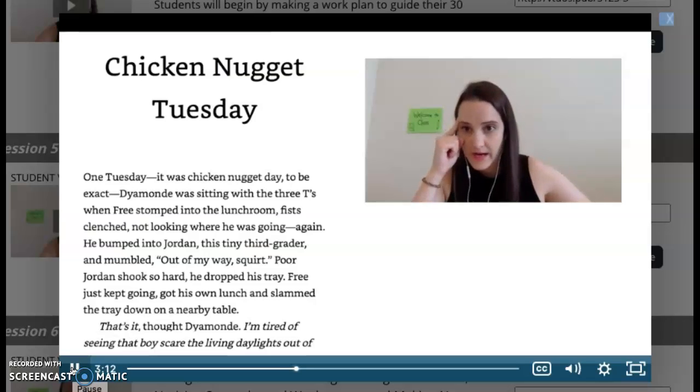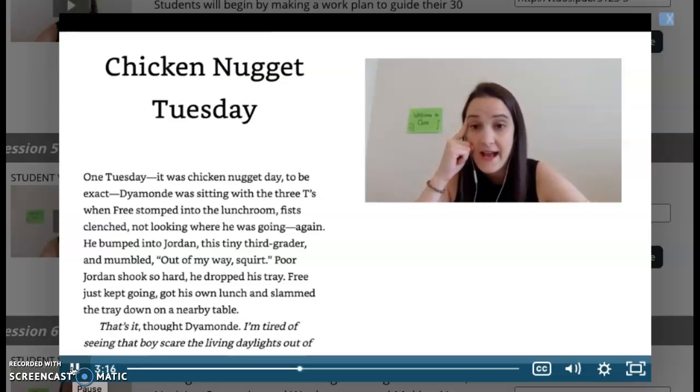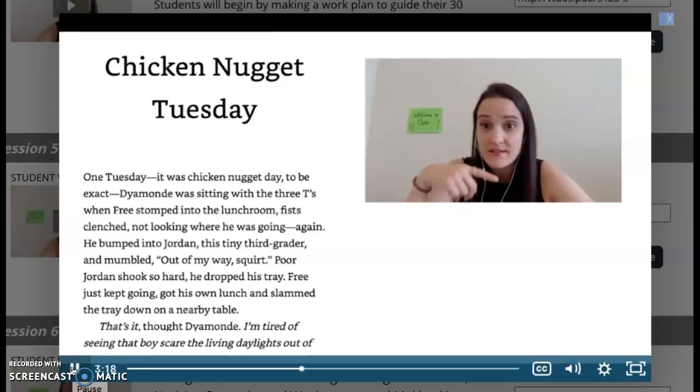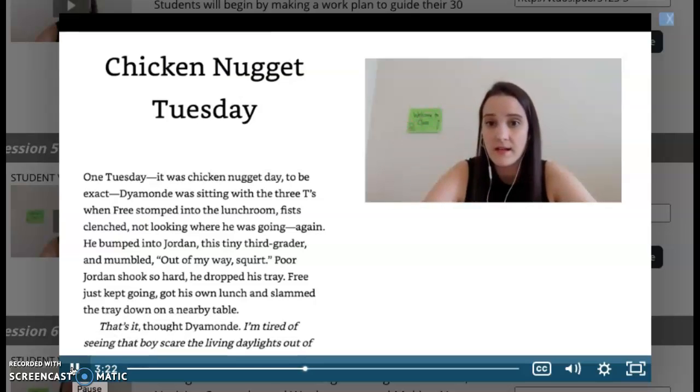So we'll keep that in our brain as we read this, because we know that she has these patterns of being really bold and being confident, right? And doing the right thing. So let's read this situation and let's use our knowledge of our patterns of Diamond to predict what will happen next in this situation. Chicken Nugget Tuesday.